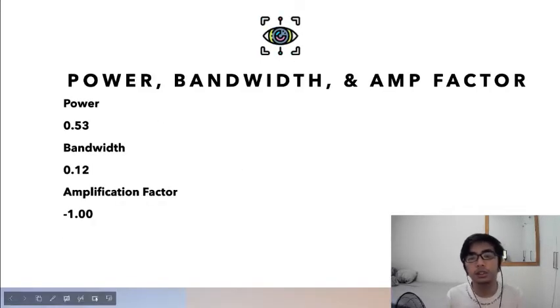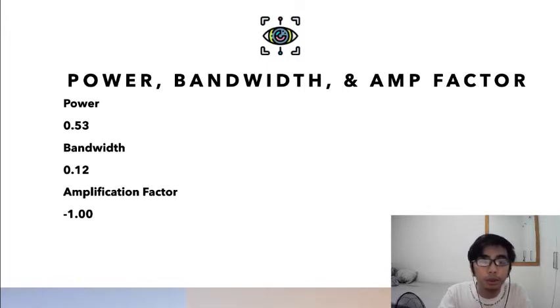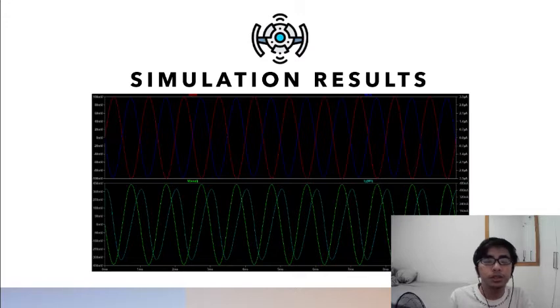Let's move on to the power, bandwidth, and amplification factor. We will be discussing how we got them, but here are the numbers that I was able to get. For power, I got 0.23, the bandwidth is 0.12, and the amplification factor is negative 1.00. The simulation results look like this.